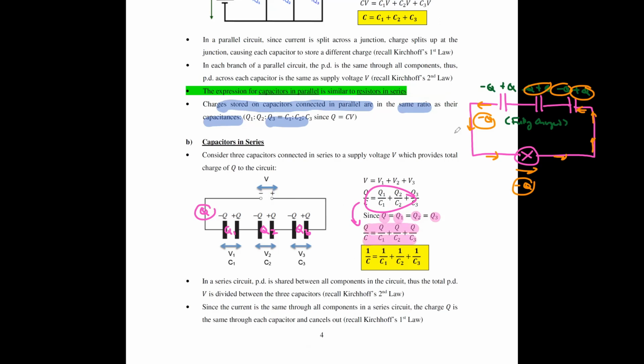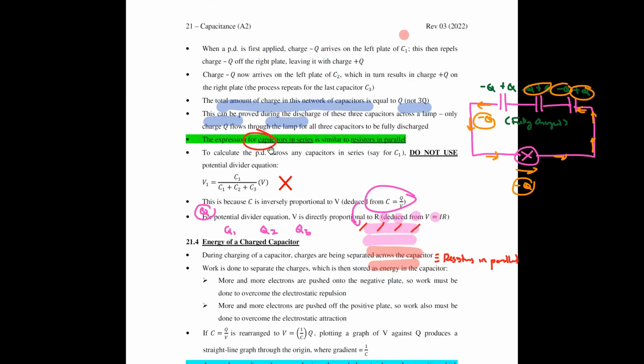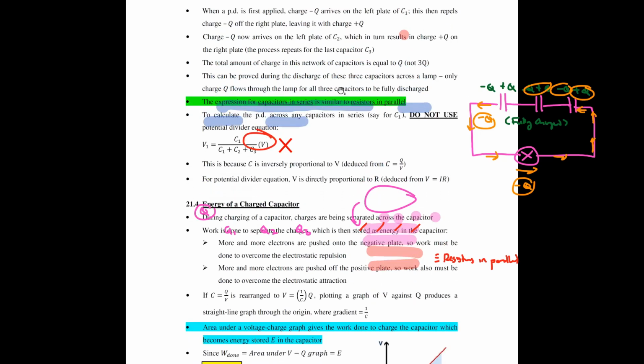You eventually notice that the charges cancel off, giving you this final expression. Okay, 1 over C is 1 over C1 plus 1 over C2 plus 1 over C3. So this one is similar to the expression for resistors in parallel, but your capacitors here are connected in series. Okay, so it's the other way around. Okay, so that one is for that.